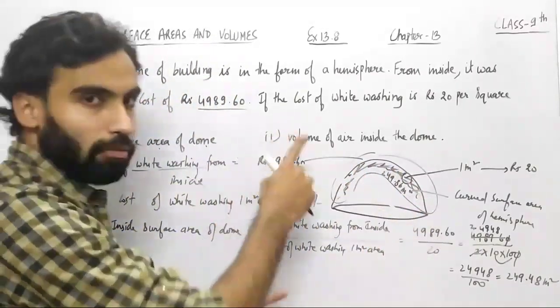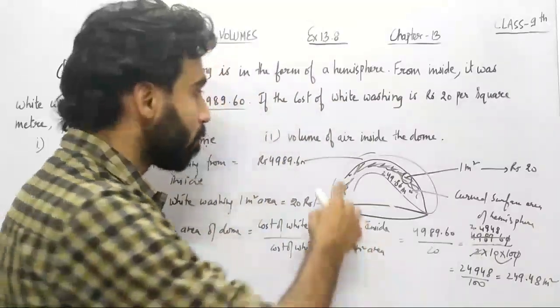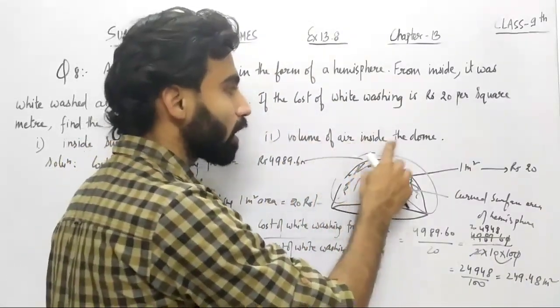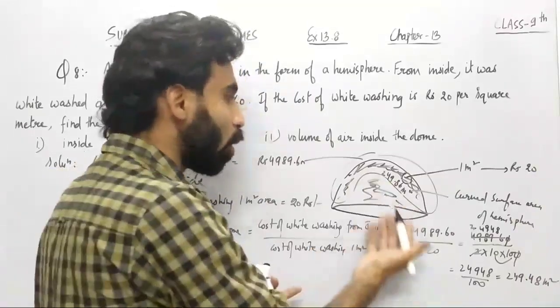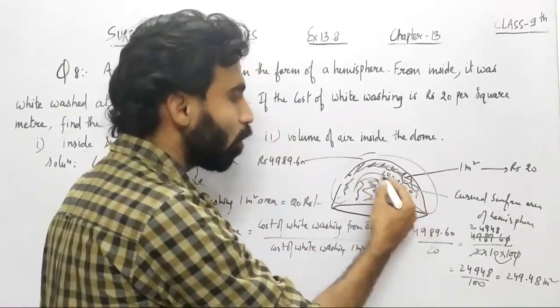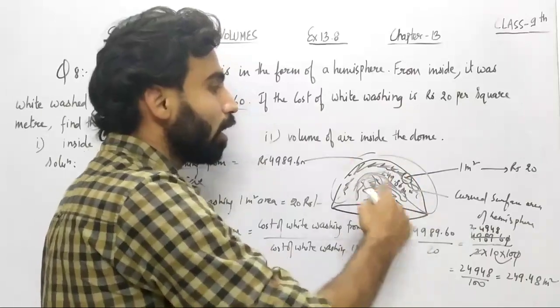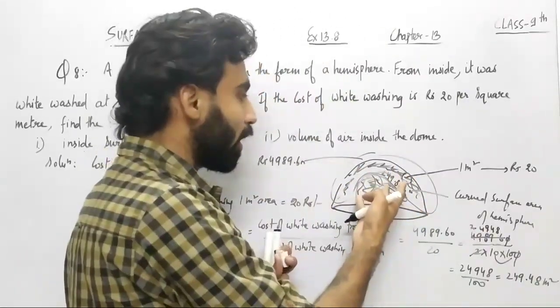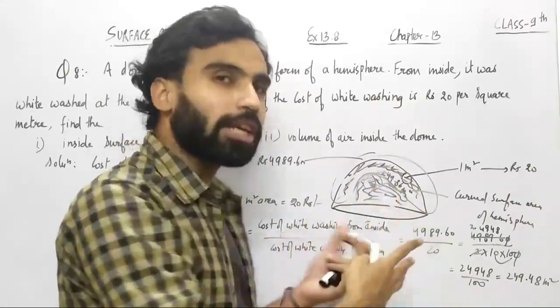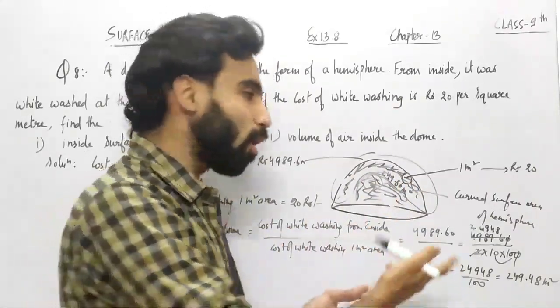Now in the second part, what we actually have to calculate is the volume of air inside the dome. So you see, from inside it is just air, it is completely hollow. So whatever air is here will actually be the inside volume. Getting the point? So the volume of air inside will be the capacity, or you can say the volume, right?